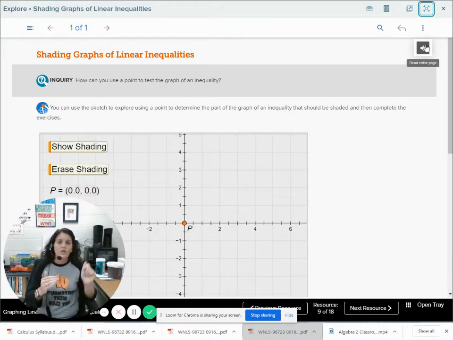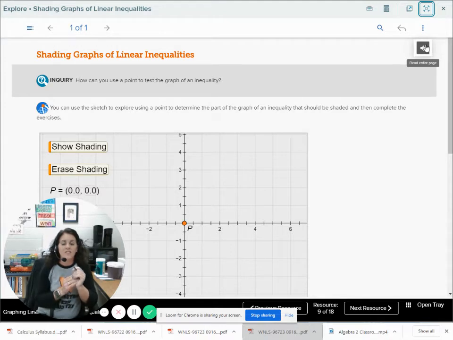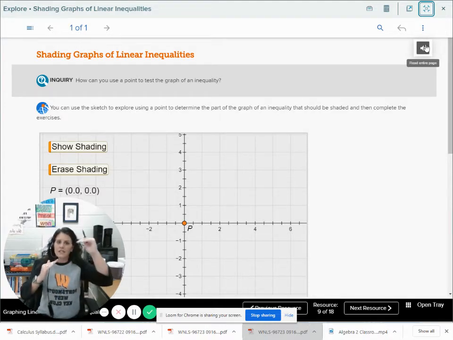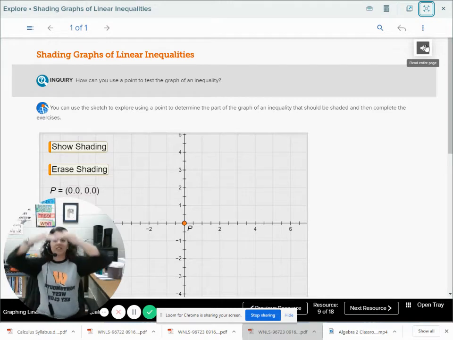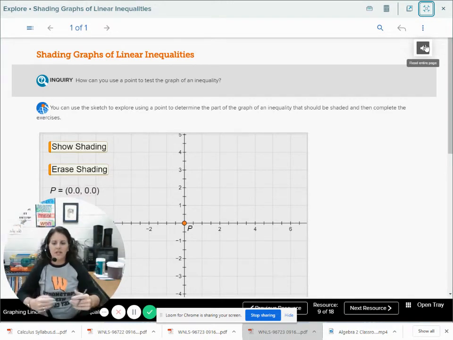So we have to show all of those other little points are possible solutions. Or if it's just less than, we'll use a dashed line to show that we're starting at this line, but we don't include this line. We start here and it's everything below that line. Or if it's greater than, it's everything above that line, depending on how the case falls.